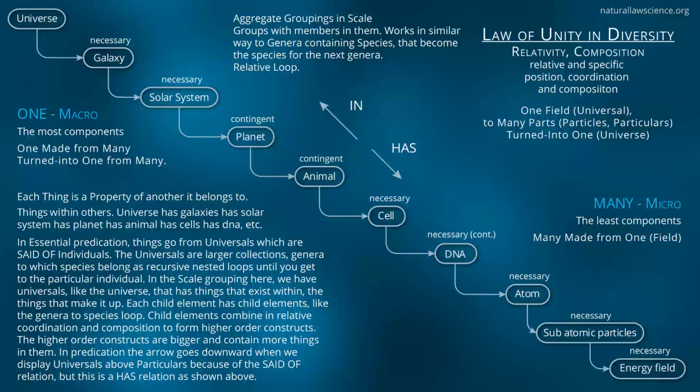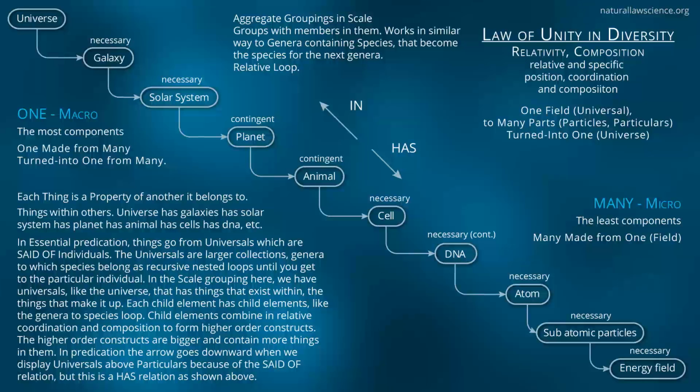Works in a similar way to a genus containing a species that becomes the species for the next genus, and the parent, child, and then the child becomes the parent for the next child, which becomes a parent for the next child. So it's all a relative loop, relative to the things above it and below it. So the groupings: the planets group into solar systems with the sun, the solar systems group into galaxies, galaxies group into the universe. So these are the groupings for scale.